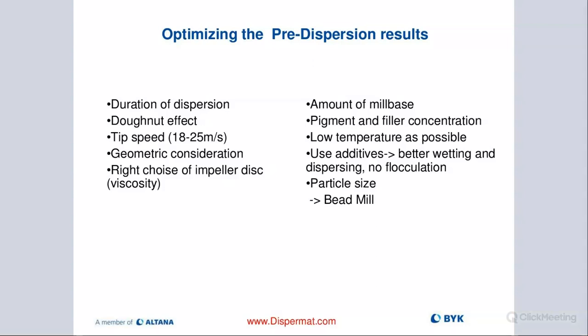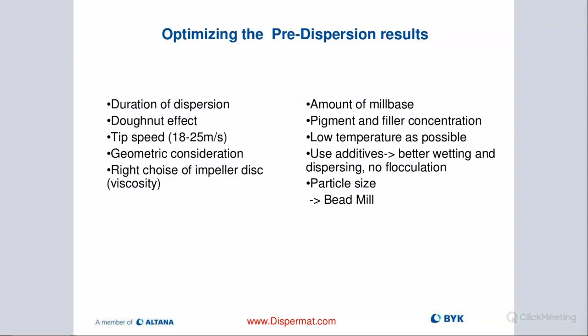The volume of the mill base should be about 50%, not exceeding 70% or less than 40% in the container, or you're spilling or you're not able to oscillate properly. So 50% fill rate is what we recommend. The right pigment fill concentration, of course. Try to keep the temperature as low as possible, because when we're dispersing, even with the Cowles blade, we're putting in energy and we are increasing the temperature automatically through that process.